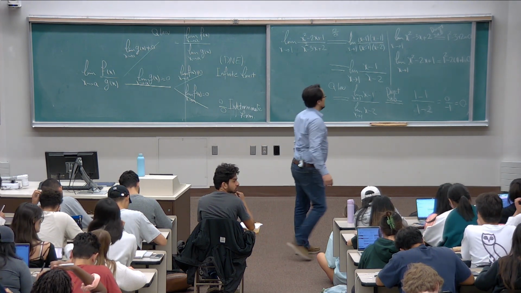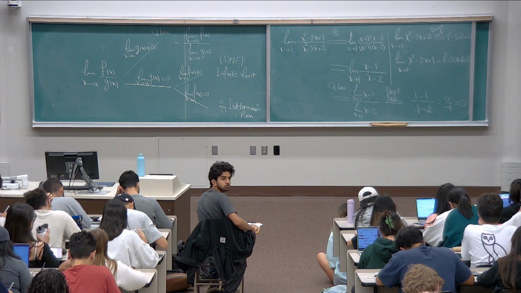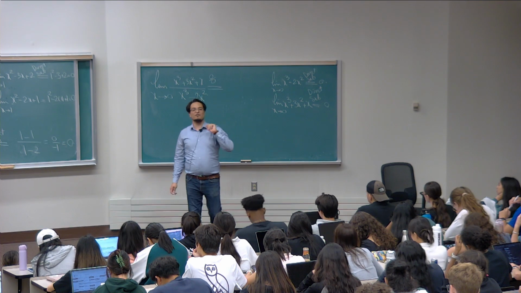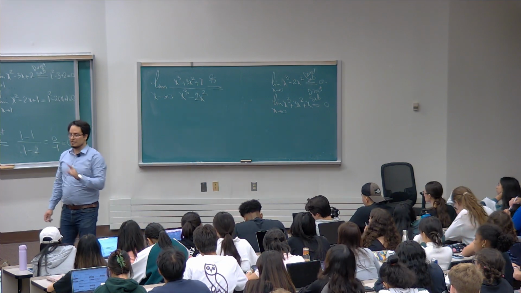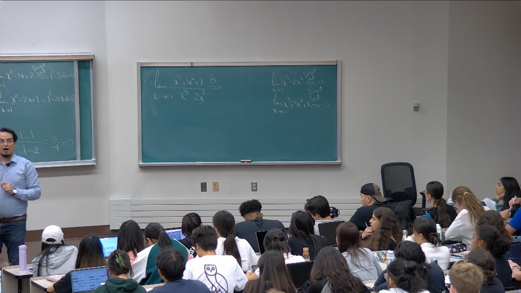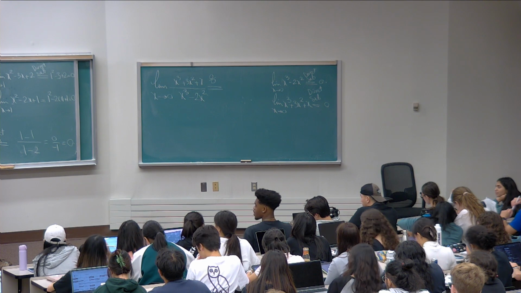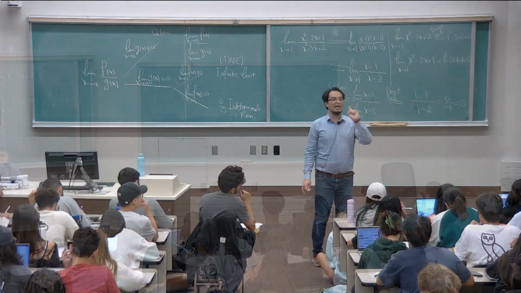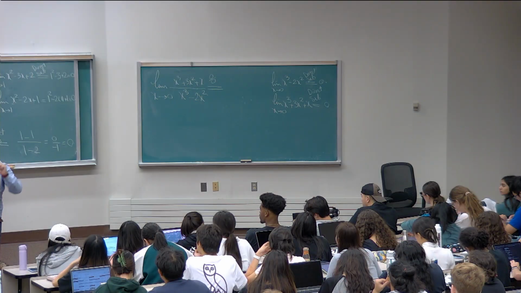Yes? Now, in this case, what is the vanishing factor? What is the vanishing factor? Yes? Well, let's not rush here. We said that if x approaches a, the vanishing factor is x minus a.